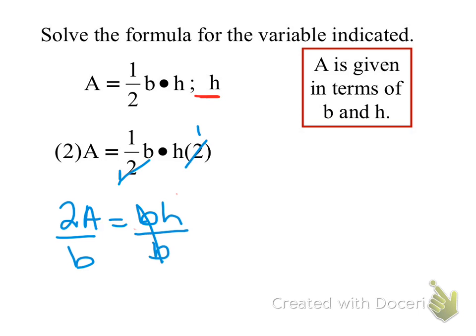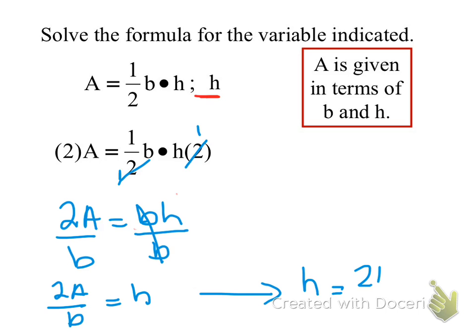Oh, I meant 2a over b equals h. And then to show it in terms of H, I would write H equals 2a over B. Now, it's very important that if they give you a capital letter, you got to keep it capitalized, because they mean something.